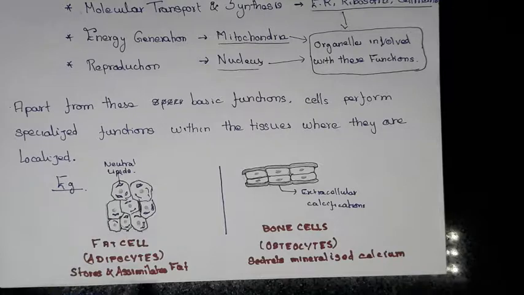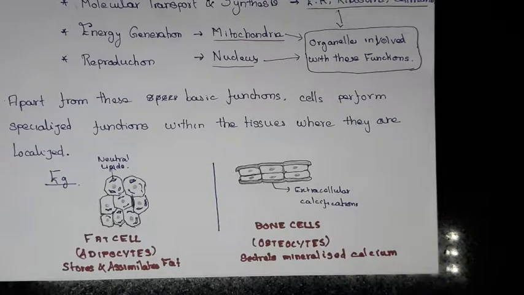Biologically, they are called adipocytes, and they store and assimilate fat within themselves. On the right, we can see bone cells, otherwise called osteocytes. These cells can generate a mineralized calcification around them, and they are responsible for formation of all the bone structure in your skeletal system.